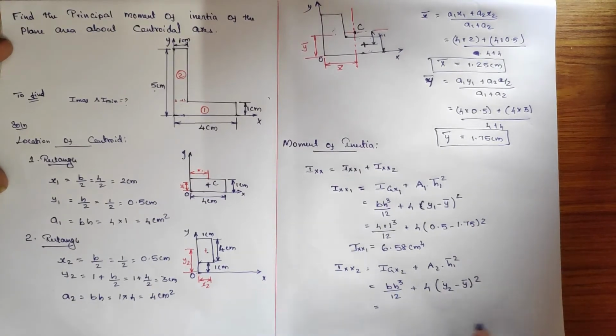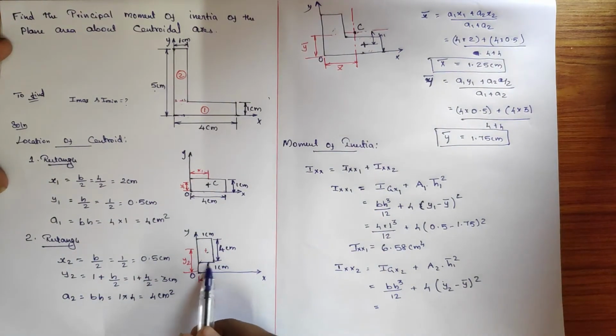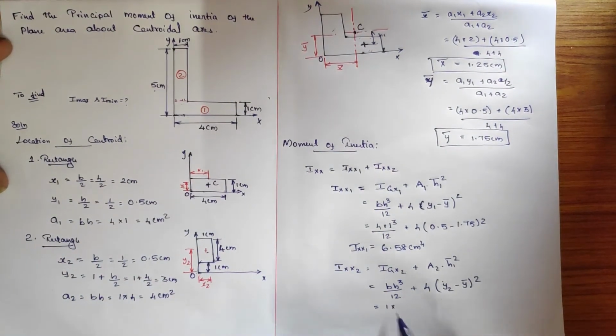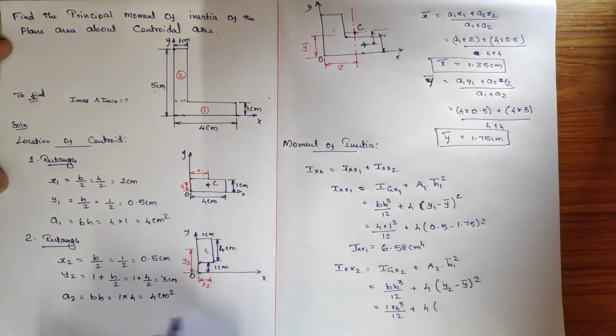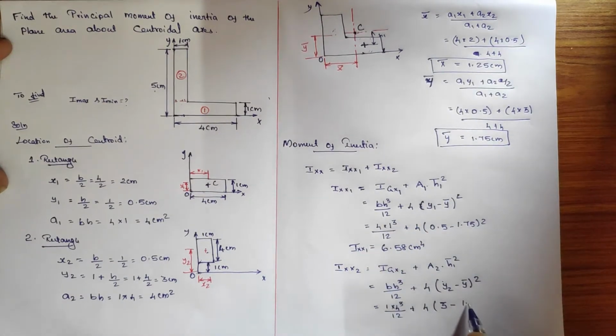So here B is the length, so 1 into H, which is 4, cube divided by 12, plus 4 into Y2, which here is 3, minus Y bar, here 1.75, the whole square.